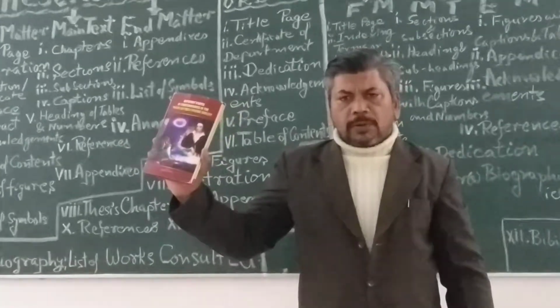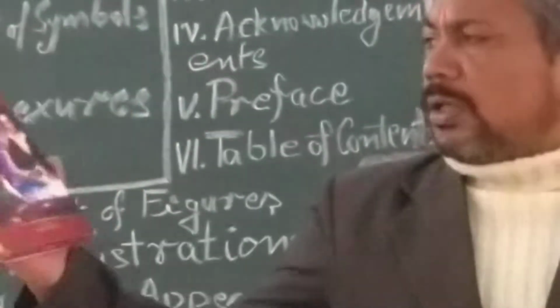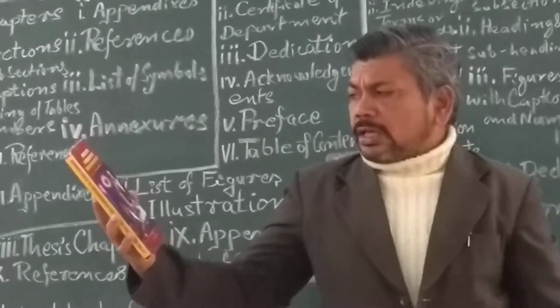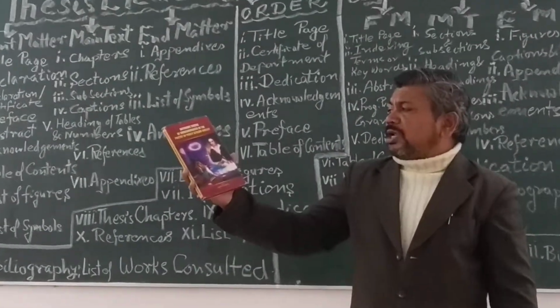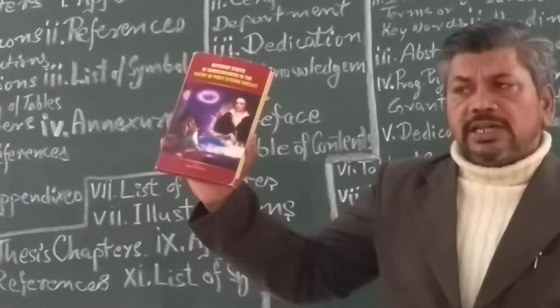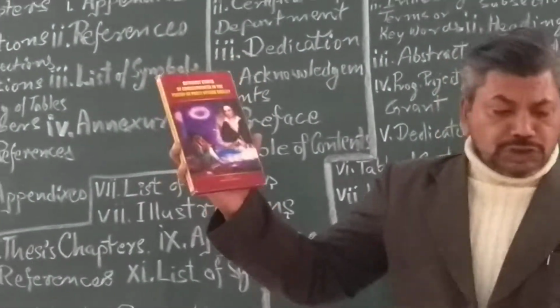I have another work in my hand that was again published. It's a research work by Dr. Ankur Gupta, and the title of the work is Different States of Consciousness in Poetry of P.B. Shelley, Percy Bysshe Shelley.